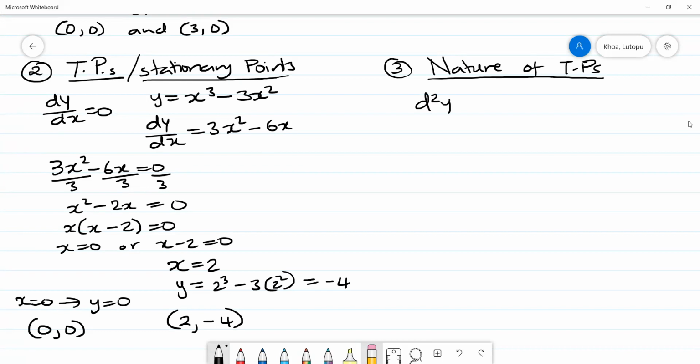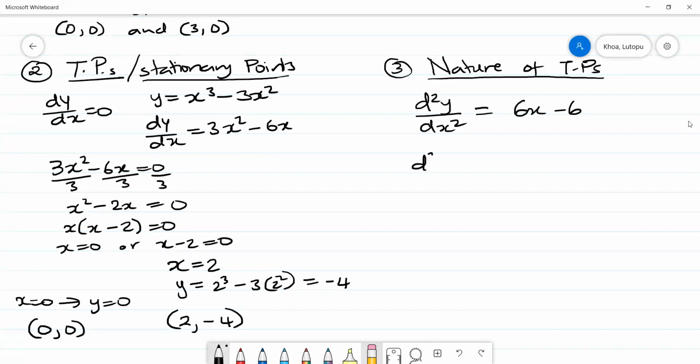So d2y/dx2 just means you take your first derivative and then you differentiate it. We have 6x minus 6. Then each of these x values of the stationary points, you substitute them. Depending on what you get, you will either say you have a maximum or a minimum.